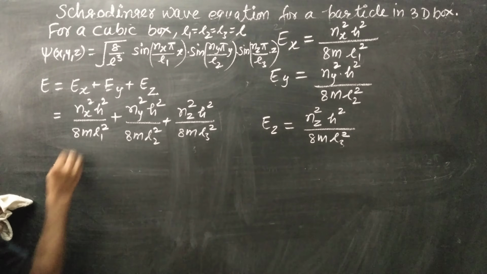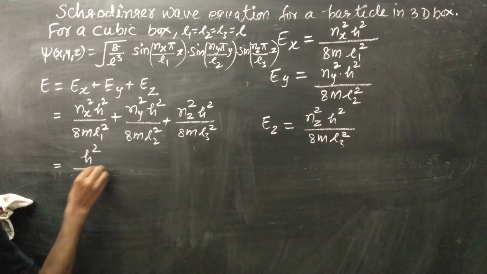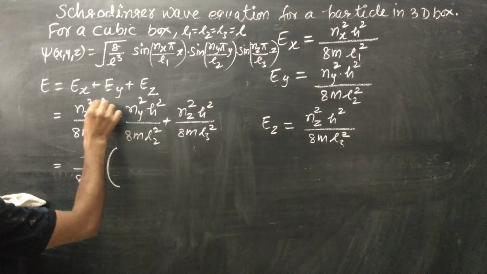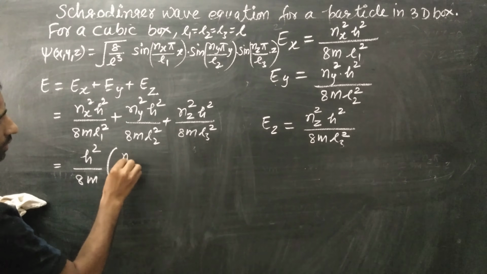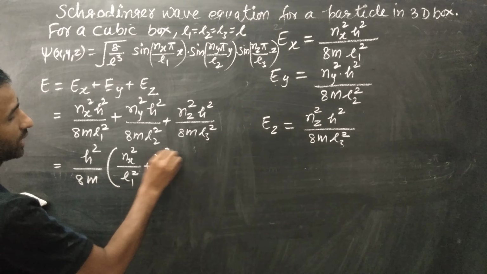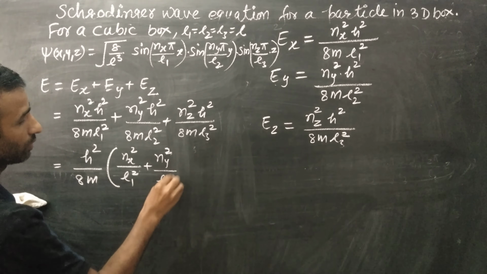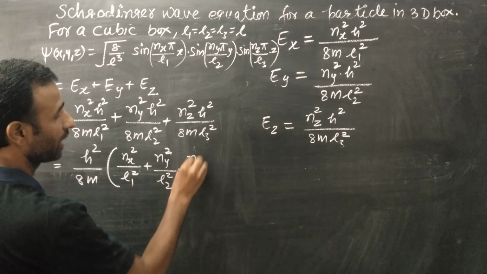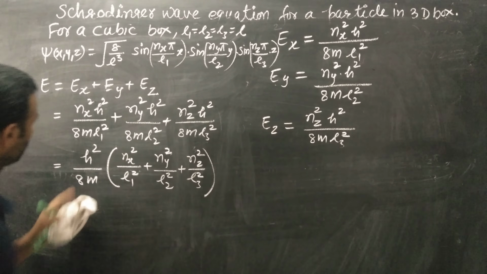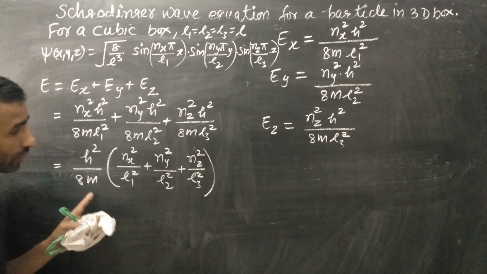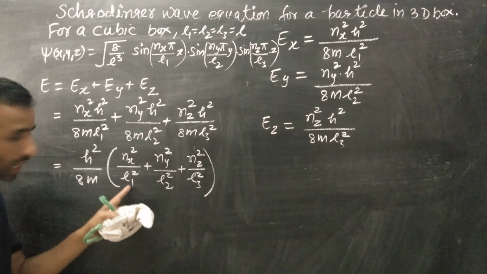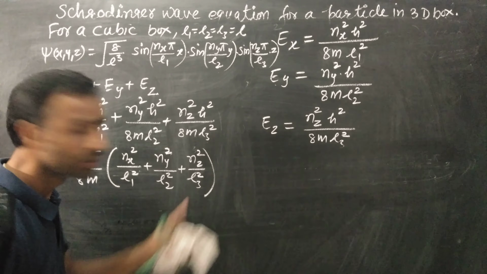So from this, h square upon 8m is common. So nx square upon L1 square plus ny square upon L2 square plus nz square upon L3 square. This is the energy for a box, for a 3D box having lengths L1, L2 and L3.